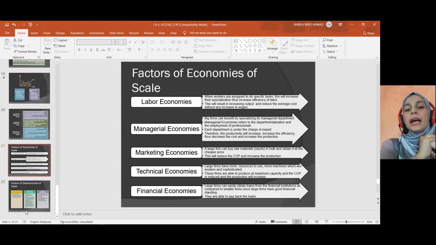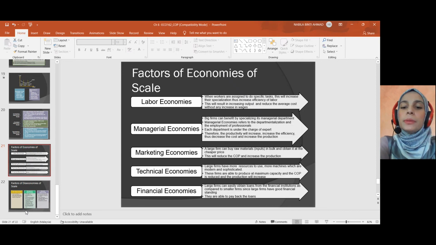So each department is under the charge of professionals and experts lah. So setiap department dalam company itu orang expert dalam bidang masing-masing lah. Bidang finance, bidang account, bidang human resource, economies and so on. Jadi bila each department under in charge of expert, so cost akan berkurangan, productivity akan meningkat, jadi firm akan experience economies of scale.